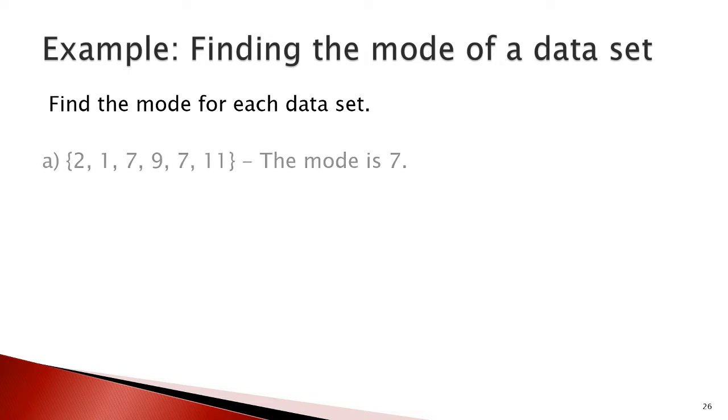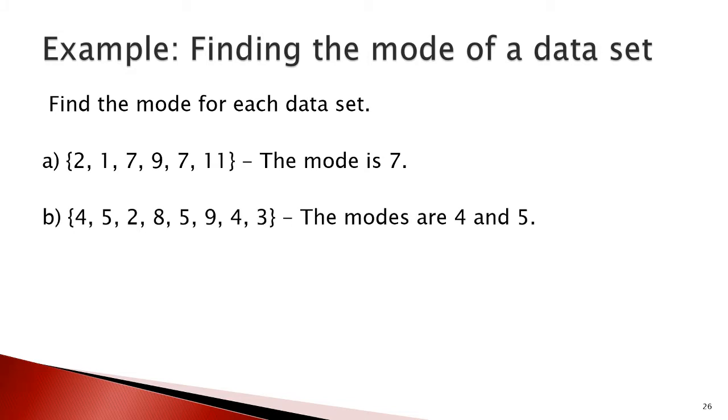So let's move on to a few examples. Find the mode of each data set. Here, the number 7 occurs twice, so the mode is 7. Here, the numbers 4 and 5 both appear twice, so there are two modes, which are 4 and 5.